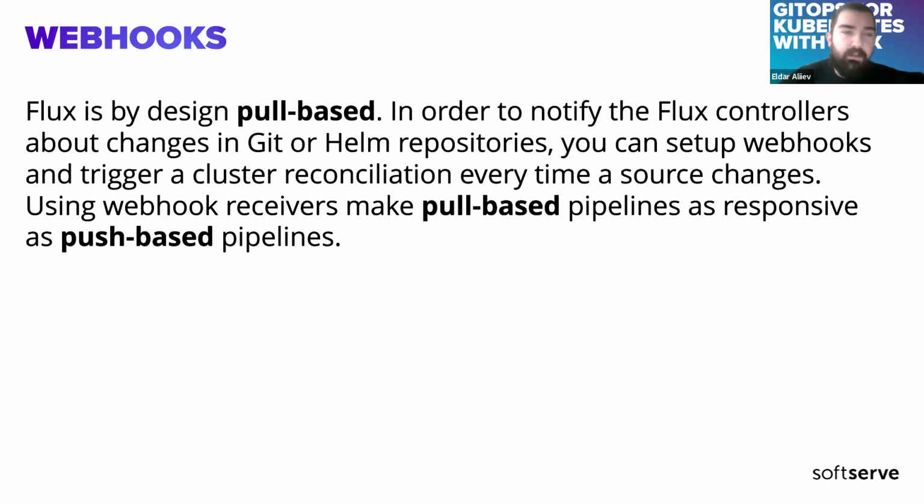For example, you changed some Helm release definition in your repository. So the repository will push the notification controller with a webhook, and the notification controller will push the Helm controller, and Helm controller will perform the reconciliation of that resource.